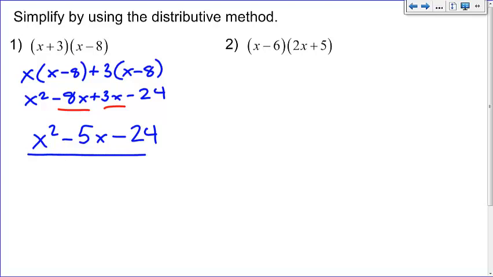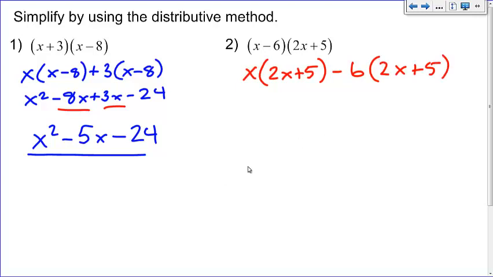All right, let's try another one. Number two, x minus 6 times 2x plus 5. We're going to use the same method. We'll do x times 2x plus 5 minus 6 times 2x plus 5. And again, we'll go ahead and do our distribution. X times 2x would be 2x squared.